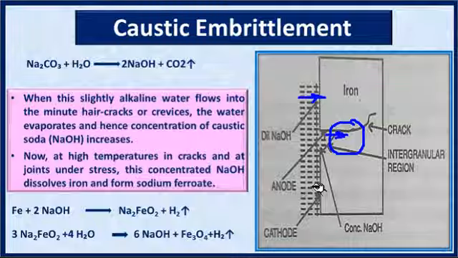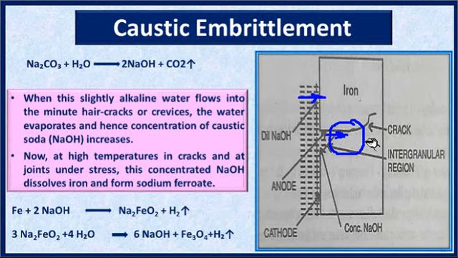In this small area, when water evaporates, the concentration of NaOH continuously increases. Due to the small area and higher temperature, evaporation takes place at a faster rate in this crack area. So now the metal surface becomes chemically non-uniform. Why?